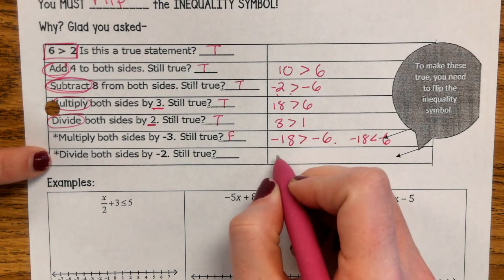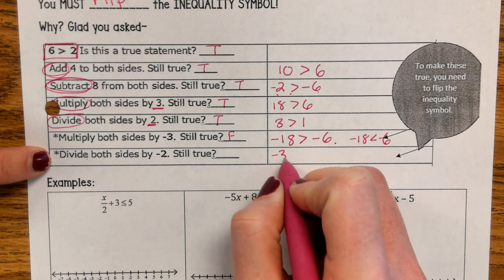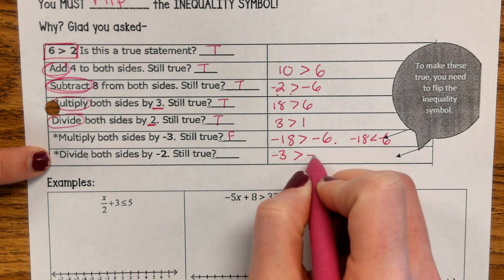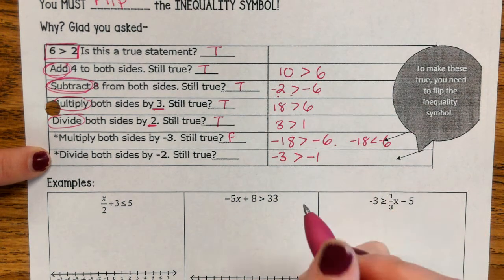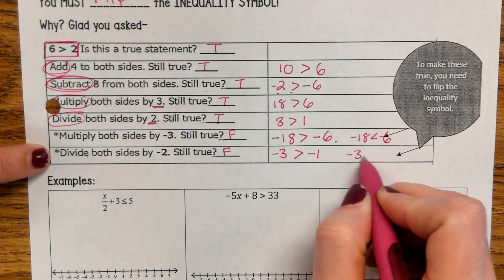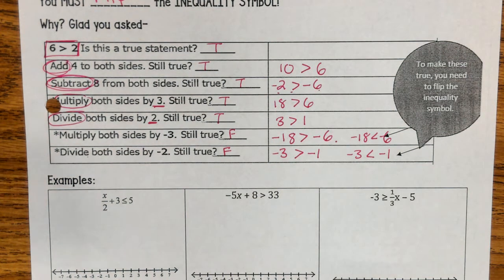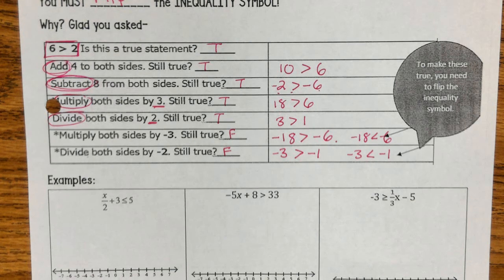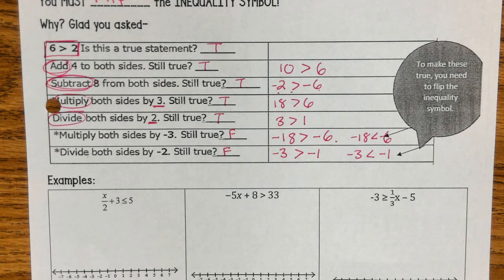If we divide both sides by negative 2, negative 3 is greater than negative 1. Is that true? No. But if we flip the inequality sign, then it is true. So, when you multiply or divide both sides of an inequality by a negative number, you must flip the sign.